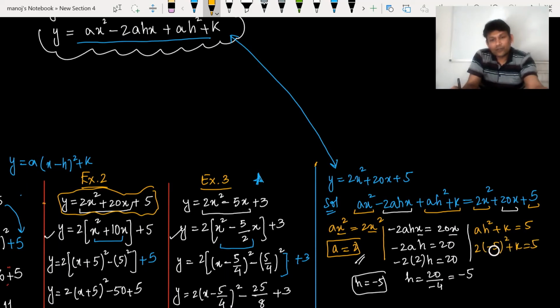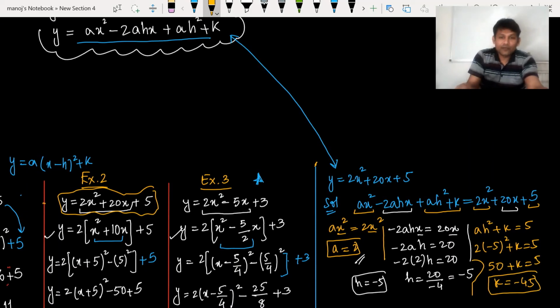So 5 square is 25 by 2 is 50. This negative becomes positive. So k is coming minus 45. Okay, we have all the values.